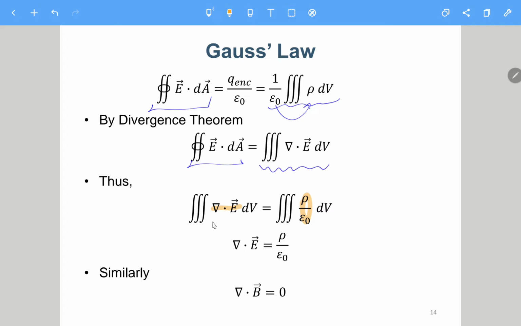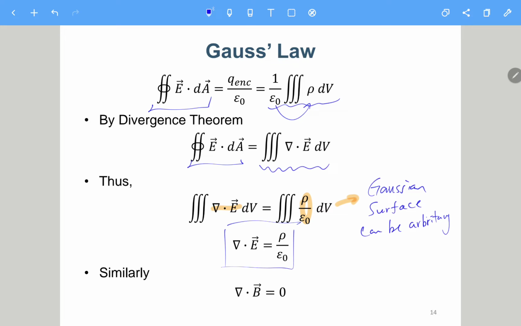So in that sense, we can really say that the integrand itself equals each other, as the Gaussian surface can be arbitrarily chosen. So it turns out that the integrands themselves should be the same. So it turns out to be divergence of E equals rho over epsilon naught. So this is the first differential form of the Gauss law.